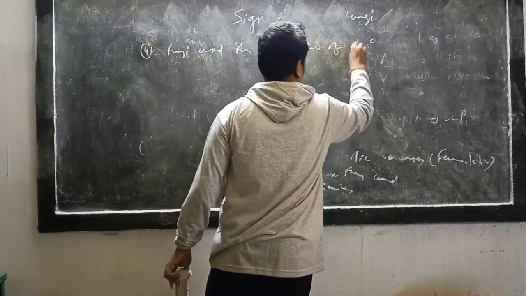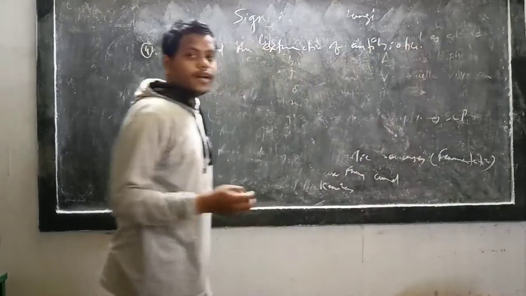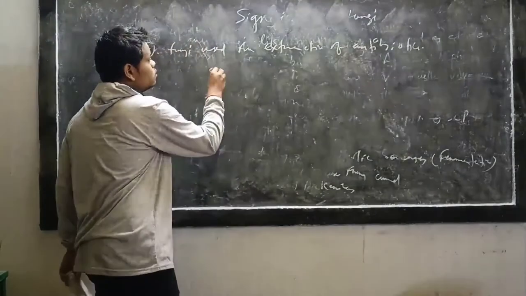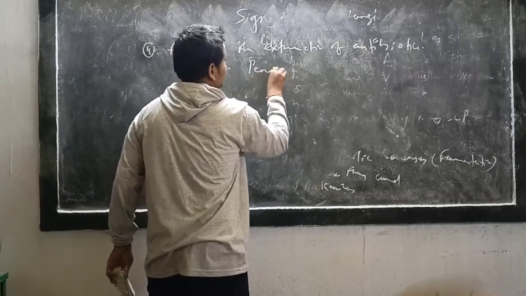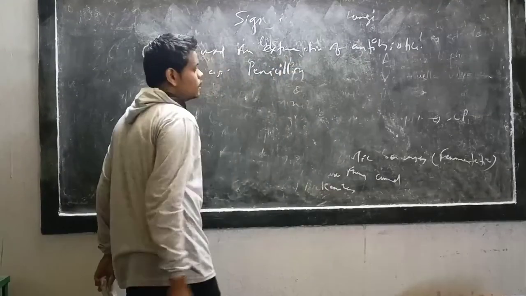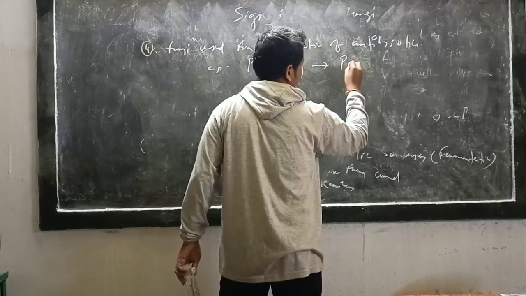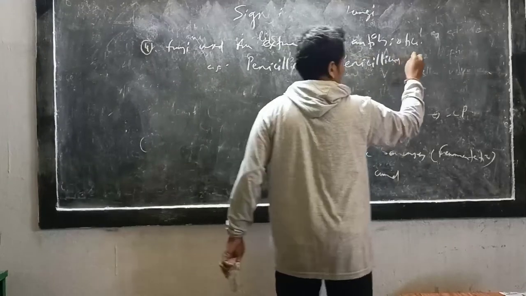We get antibiotics from fungi also. In examples, you may write the antibiotic penicillin. You know penicillin is an antibiotic. This was first extracted from the fungus called Penicillium notatum.